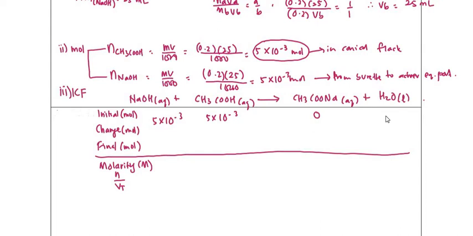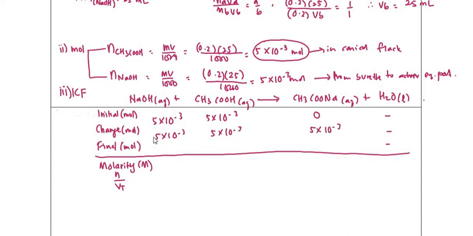Okay, H2O is liquid, so it is not involved in your ICF table. For the change row, you have to choose which one is the limiting reactant between these two reactants. But in this case, the mole of acid and base is similar, so we just write that value.